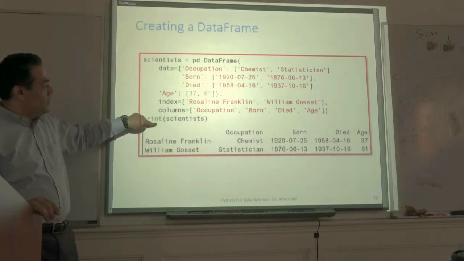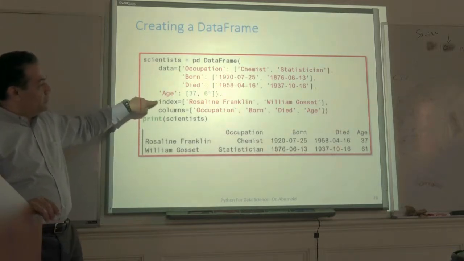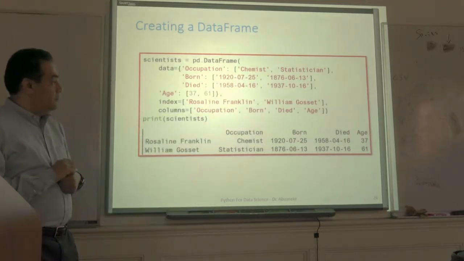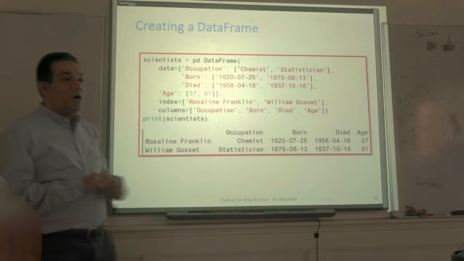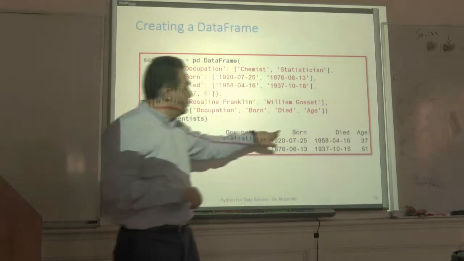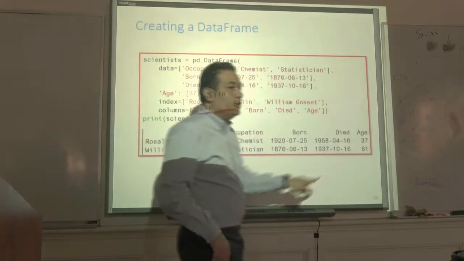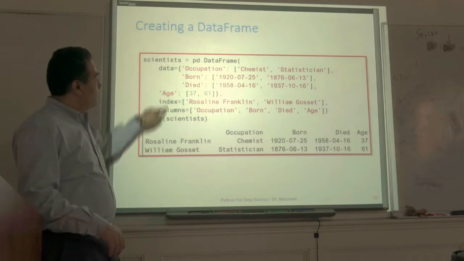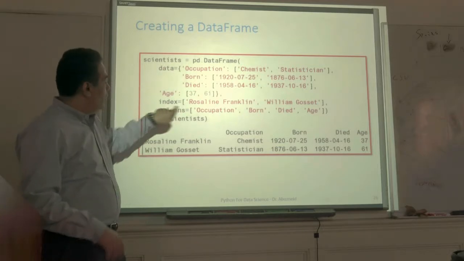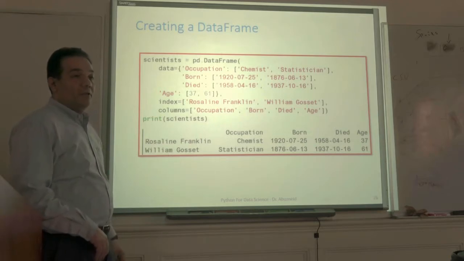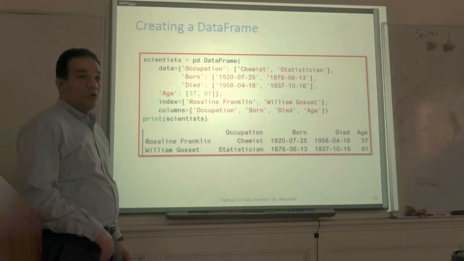So what I added in here is the index, and how many columns do I have? 1, 2, 3, 4. It's not a column anymore, it's an index. These in here are label indices, not the columns anymore.